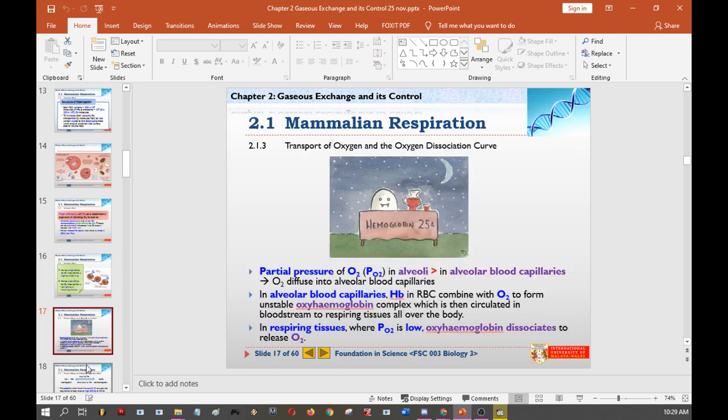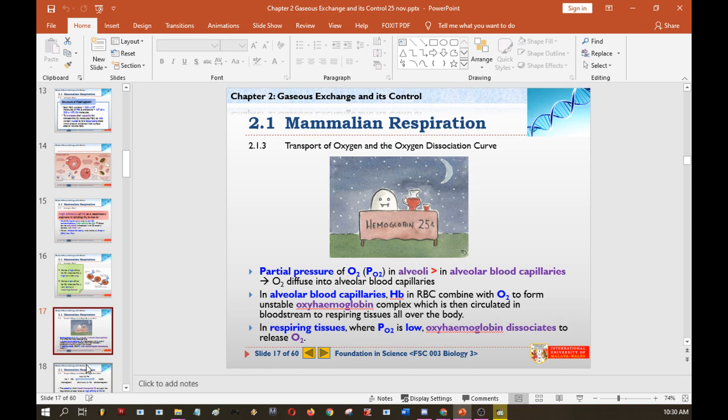Okay, so now we are learning about diffusion. But in this case, diffusion is involving a gas, so we're using a term called partial pressure. Partial pressure means you have this gas with its own pressure versus another gas with another pressure. Within the lungs, when you breathe in air, you have a high partial pressure of O2 in your lungs versus your blood vessel.